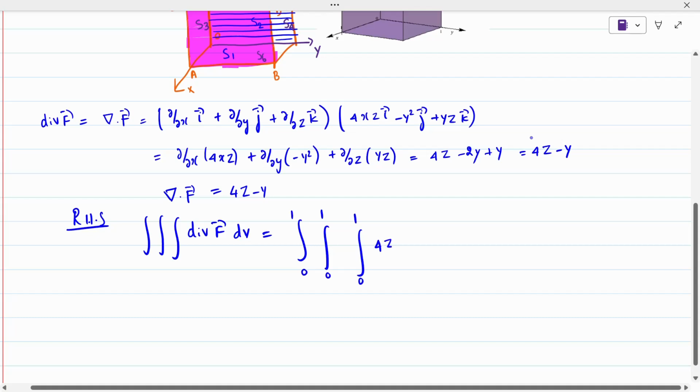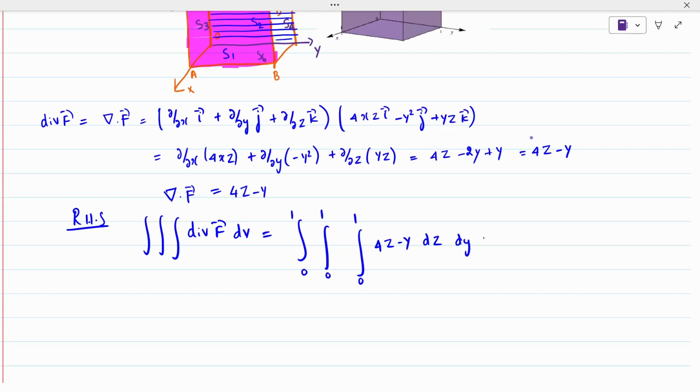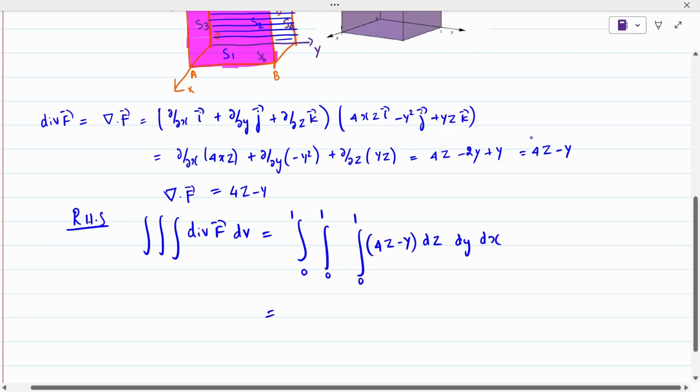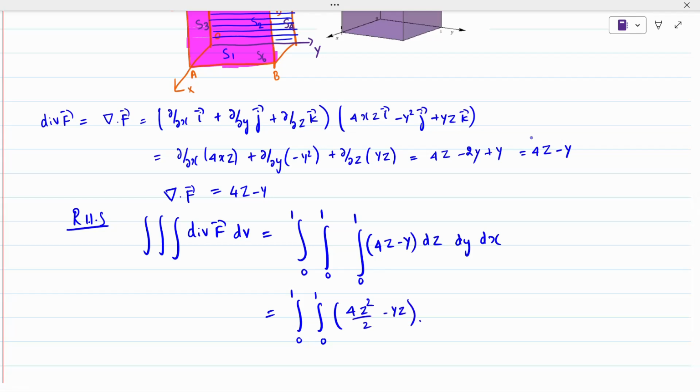So 4z minus y into dz dy dx, any order we can write it. Now integrate 3 times, with limits 0 to 1 each. With respect to z when I integrate, 2z squared minus yz, from 0 to 1, dy dx.